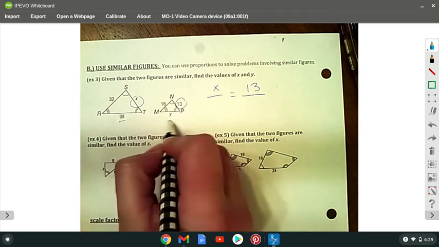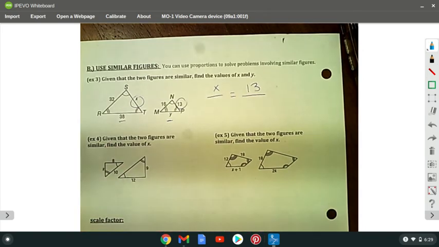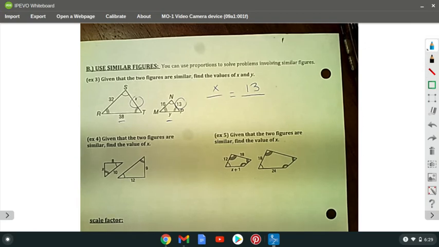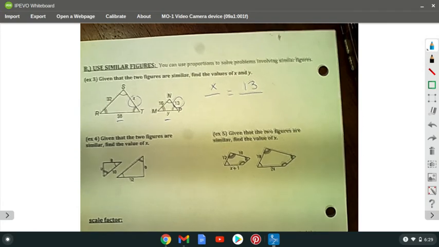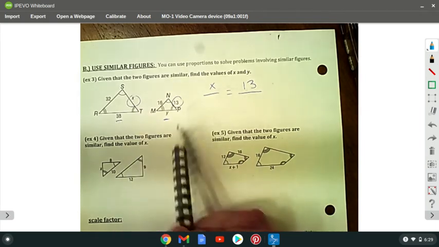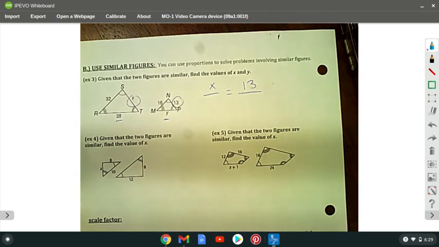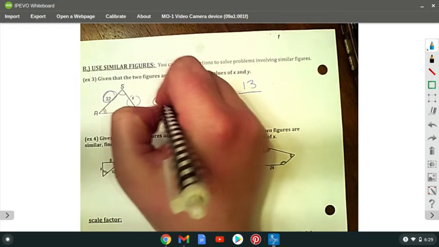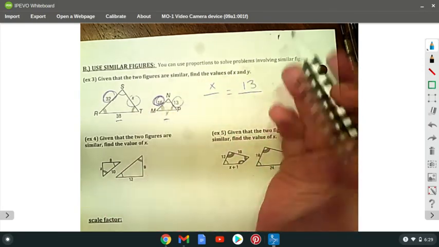I could not choose these 2 to put in, or I'll have 2 variables, an x and a y. And if I have an x and a y, I can't solve it for anything here. So I want to choose these 2 sides that are similar because they're both numbers.